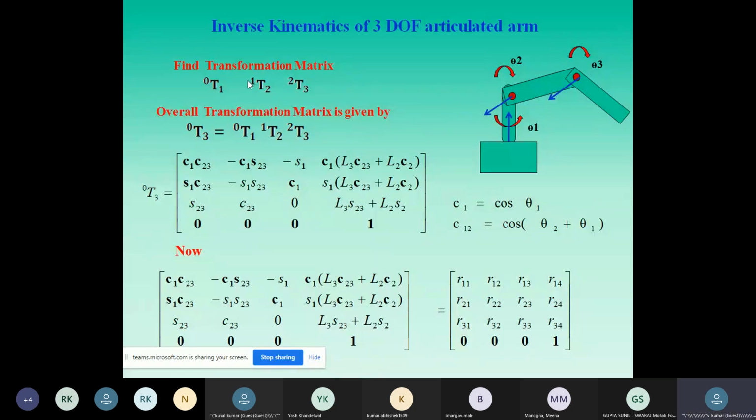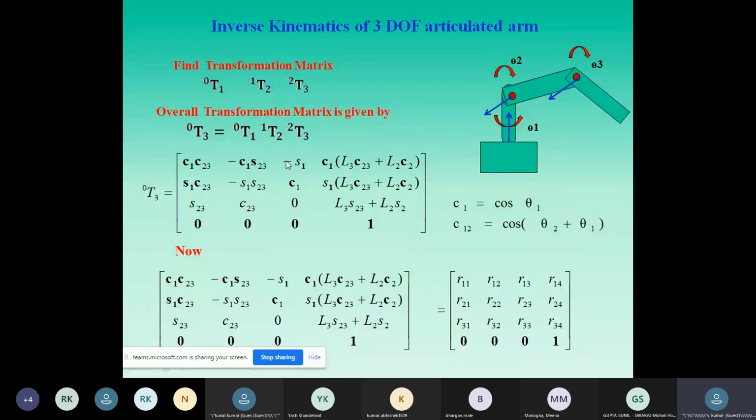And we find the position of frame 3 with respect to frame 0, where 0 means the base frame, the reference frame. If we multiply, we get 0T3 for this manipulator equal to this.